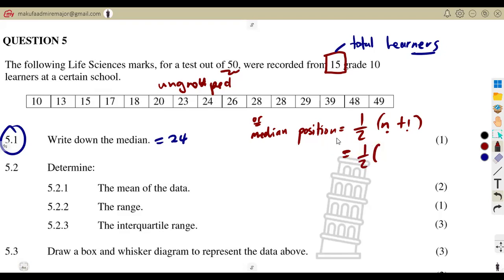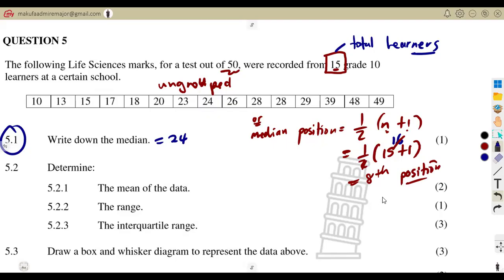Where is it to be located? Where n is the total number of terms, total number of learners, 15 plus 1. So it's going to be half of what? 15 plus 1 is 16. And half of that 16 is 8. So you're talking about the 8th position. The 8th value is where our median is.